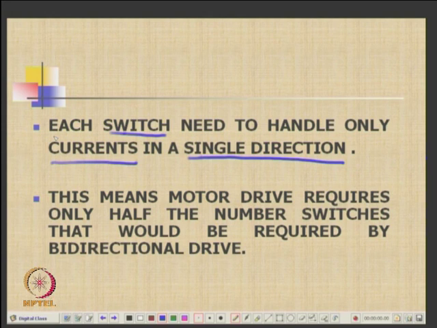This means the motor drive requires half the number of switches that would be required in a bidirectional drive. Supposing there are bidirectional drives like inverters, then you require 2 switches, one on top, another on bottom, one for the forward direction of current, another for the backward direction. Here it is reduced by half.